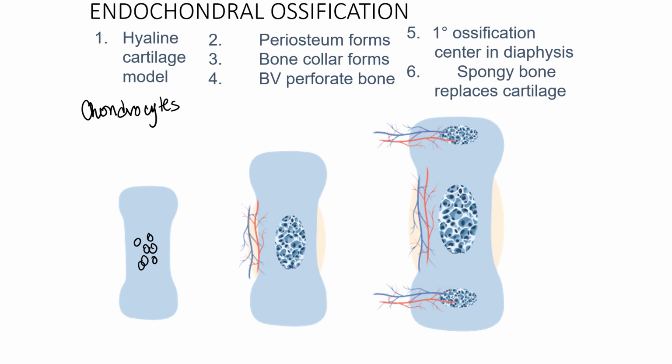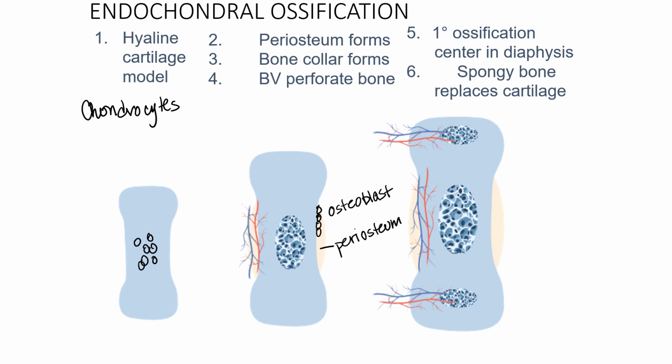Osteoblasts living at the outer edge of the bone, in the periosteum that you can see here starting to form, start to replace this hyaline cartilage model with bone. They secrete bone against the outer face in appositional growth.